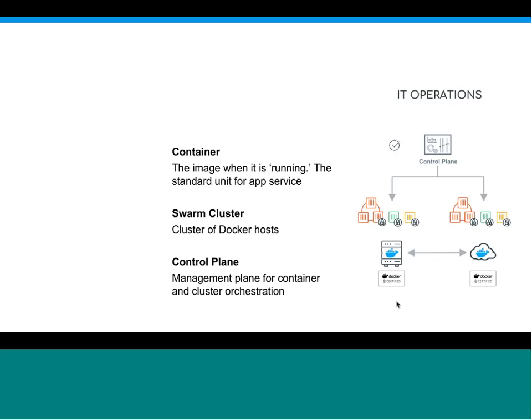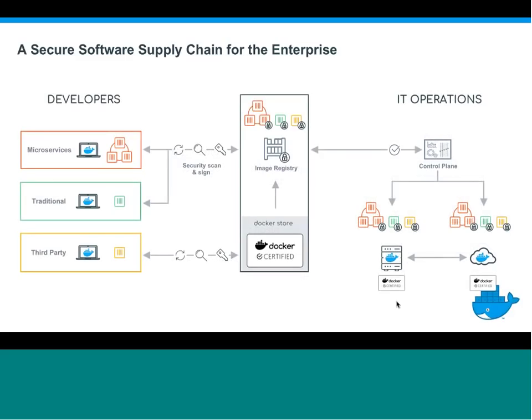So if we put all these pieces together, what you have is a secure software supply chain for the enterprise. We call this the software supply chain because it's very much like thinking about, let's say you order something online. There is a supply chain from getting that item from the warehouse to your local distribution point to your door.